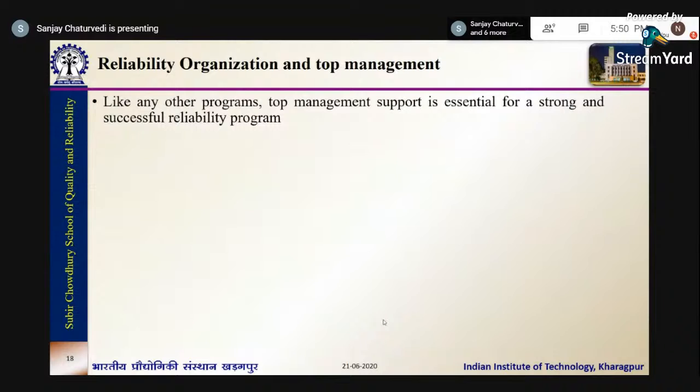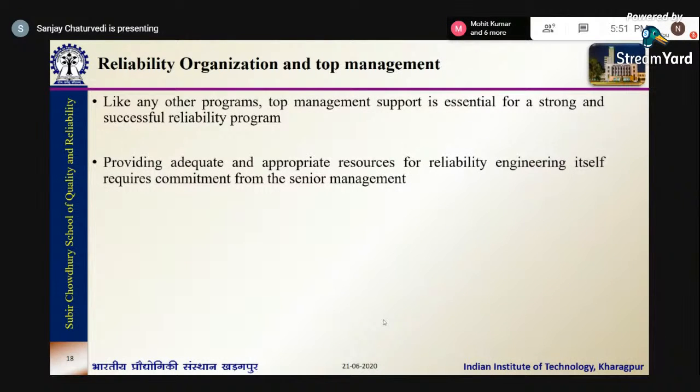This is one of the important slides. Like any other program, top management support is essential. If you talk to any reliability engineer, you will find this is one of the bottlenecks the reliability engineer faces while practicing reliability. If you are very concerned with reliability-related study but do not have top management support, possibly you will remain where you are.